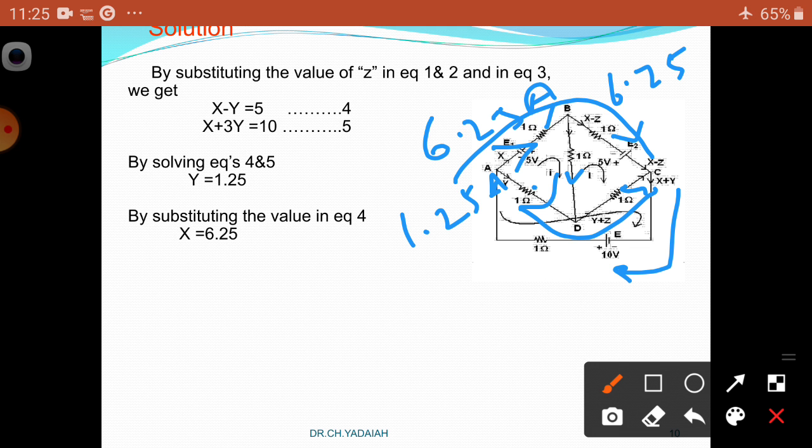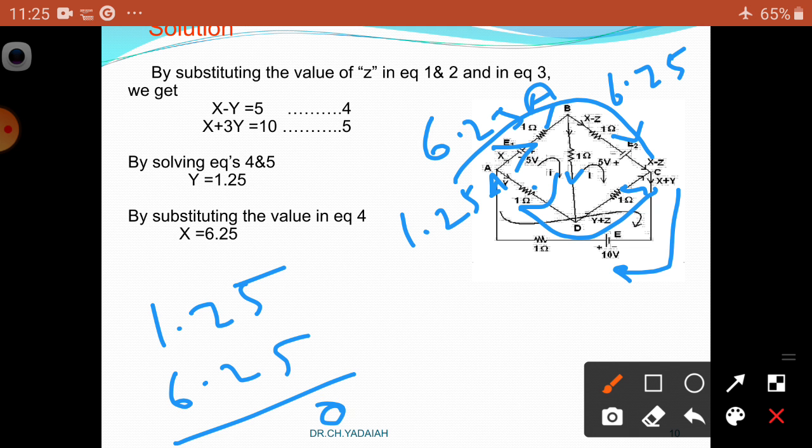What is the total current? x plus y. x plus y is 1.25 plus 6.25, that is 7.50. So 7.50 amperes is leaving from the source. 7.50 amperes is leaving from that source at node A, as per KCL divided into 6.25 amperes in the branch A and C, and 1.25 amperes in the branch A and D through the D node.